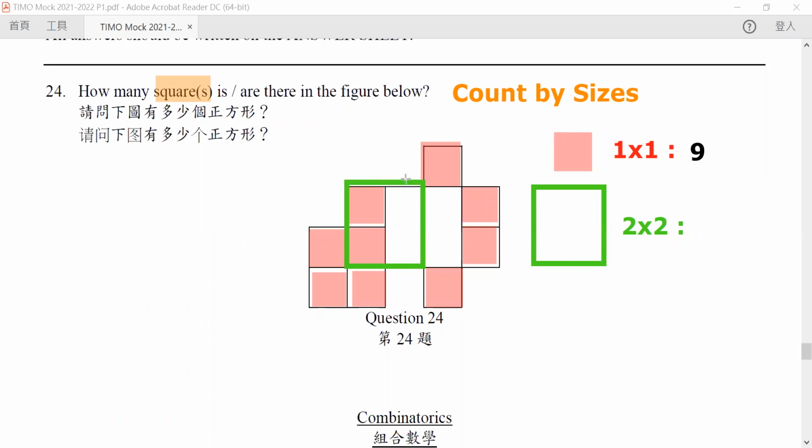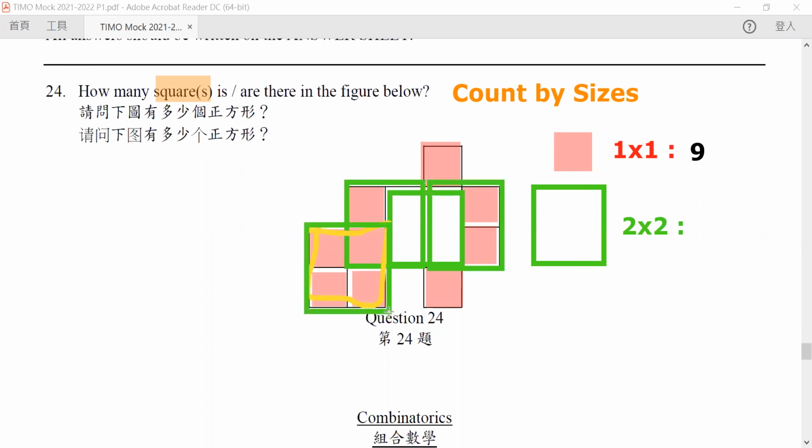This is 1, this would be 2, 3, and then it will be 4. Okay, so there are 4 different squares. So 1, 2, 3, and 4.